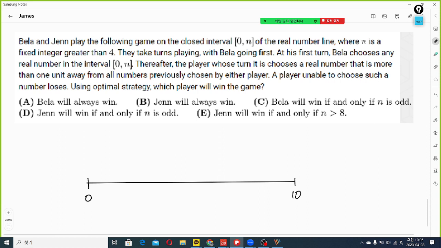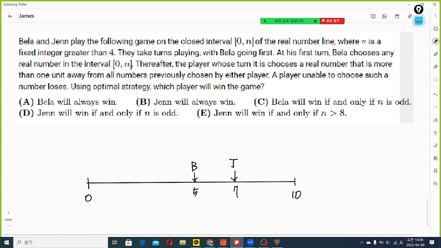So if Bella chooses exactly the middle number, in this case 5, 5 is for Bella, and so Jen may choose, let's say 7, and Bella copies Jen's movement using the axis of symmetry.